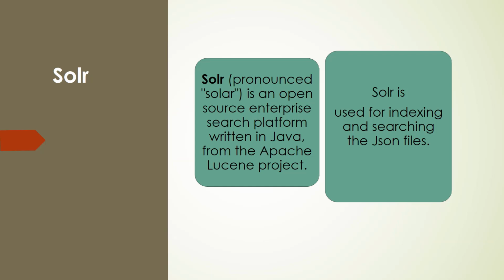So we are using Apache Solr for indexing and searching the JSON files that were provided from AWS CloudTrail. Apache Solr is an open source search platform written in Java under the Apache Lucene project. Here we will mainly be using Solr for loading the data from the JSON files provided.